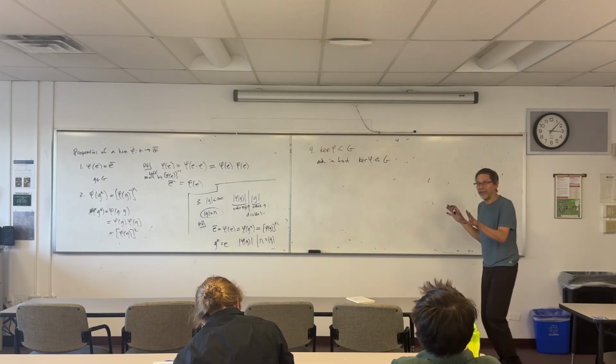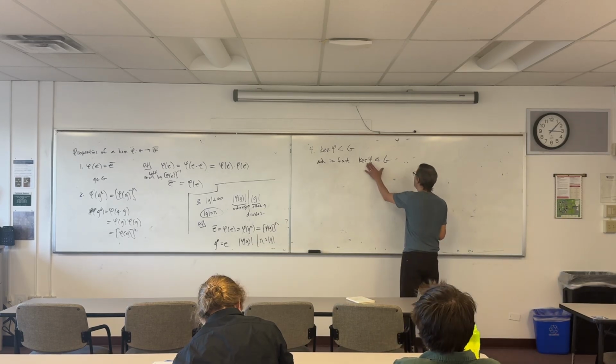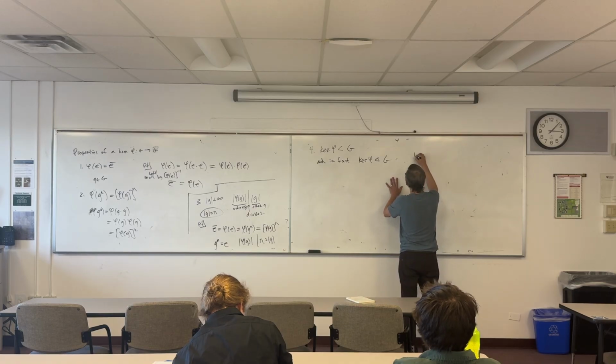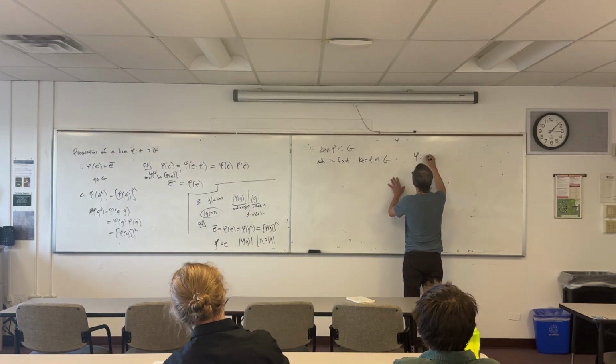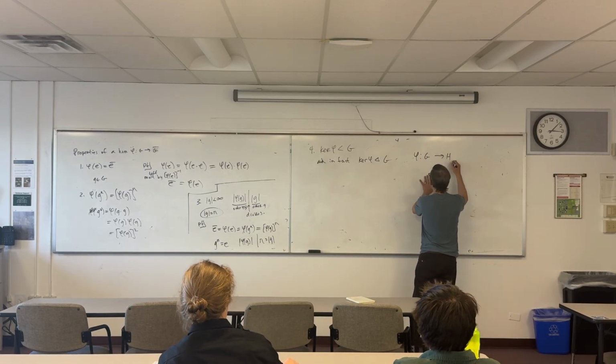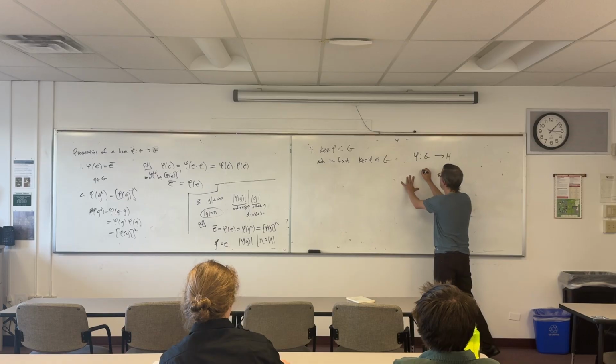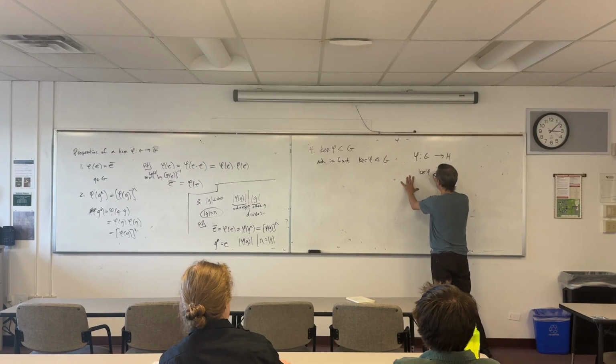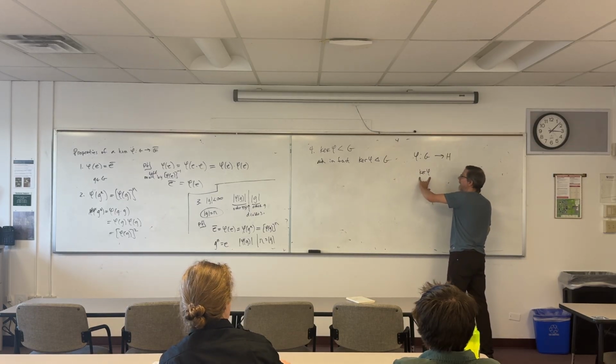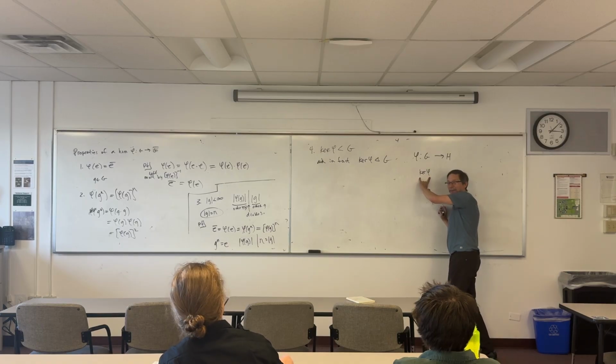Let me give you a preview of why this matters. We're going to take some homomorphism from G to H, and it might not be 1-to-1. So we're going to find its kernel, and mod out all the not 1-to-1-ness from the mapping itself.